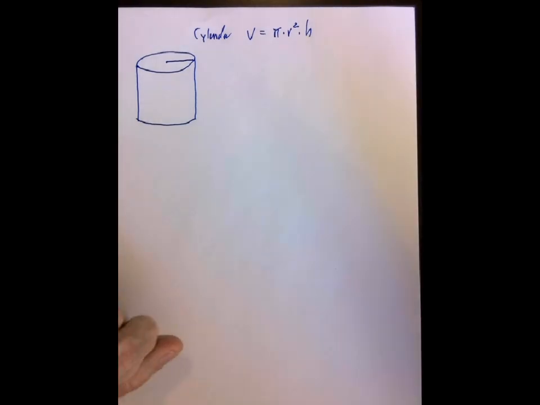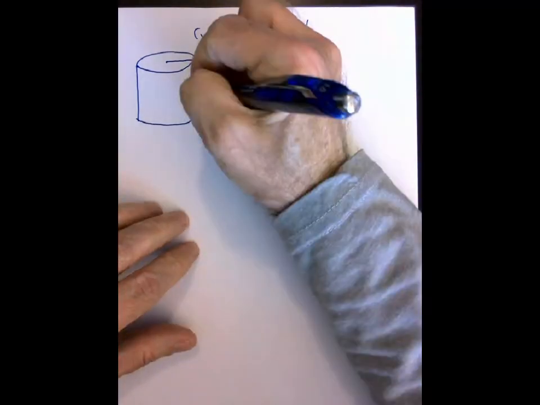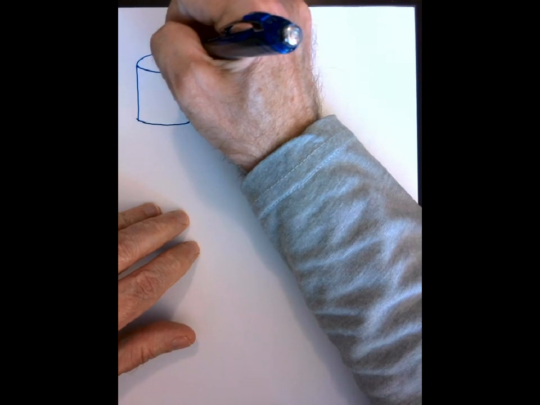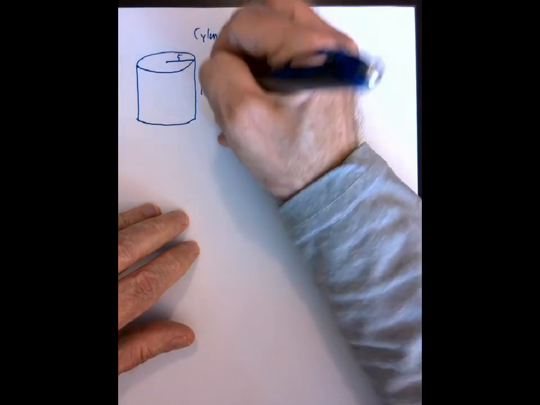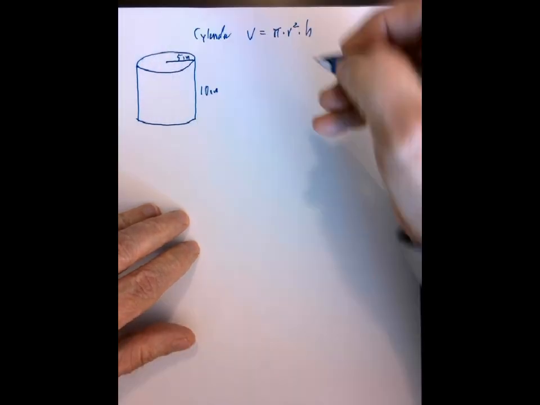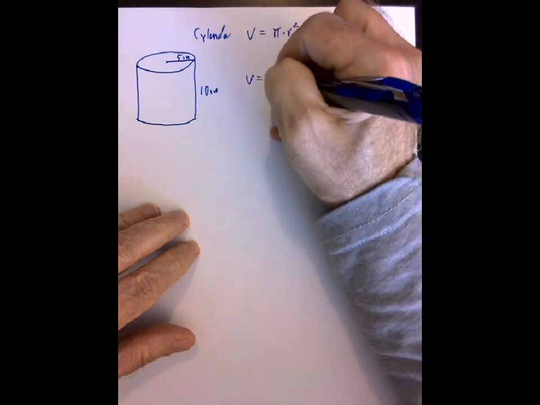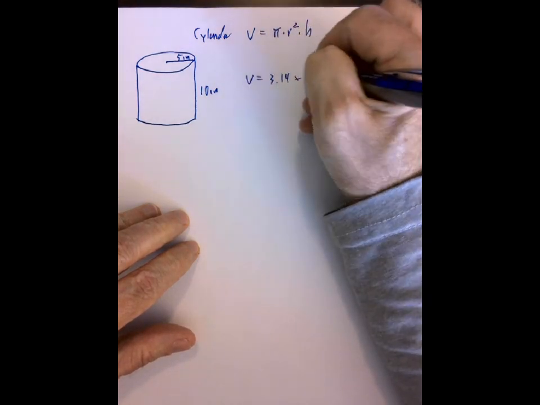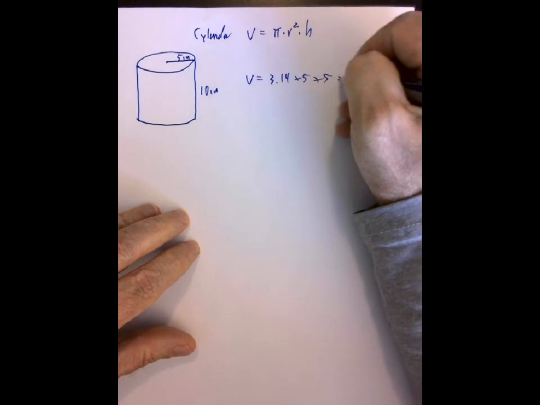Either one will do. So let's say for this one the height is 10 and the radius is 5 inches, right? So the volume is 3.14 times 5 times 5 times 10.